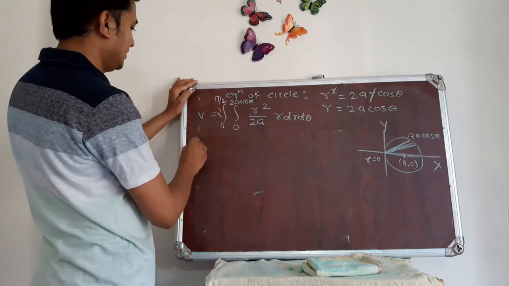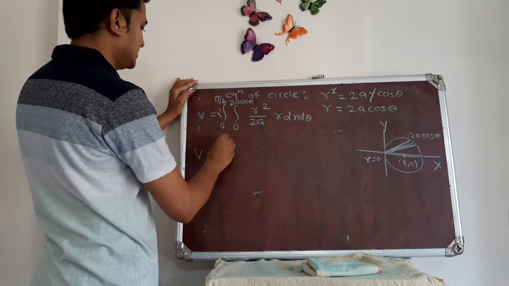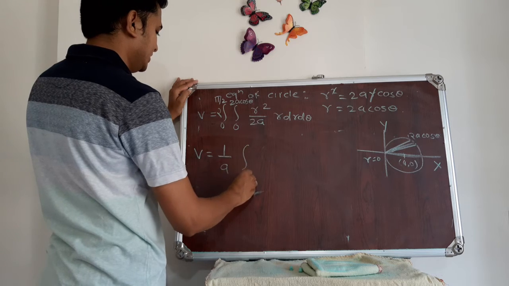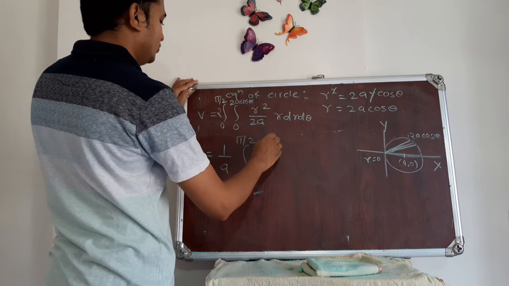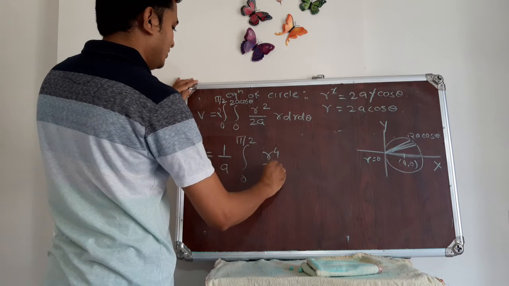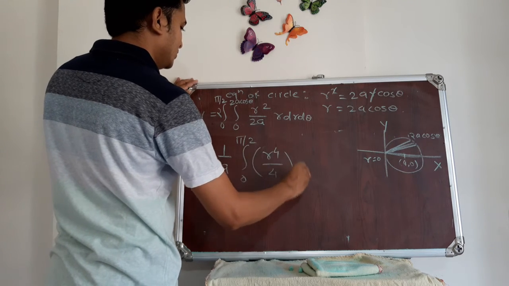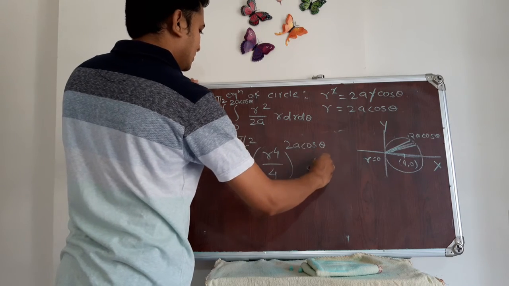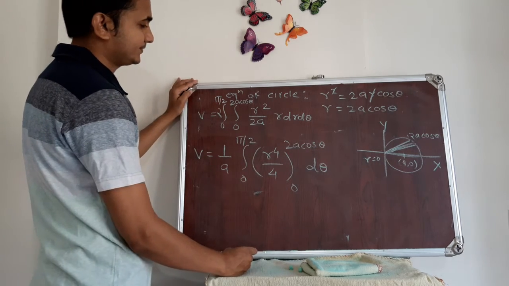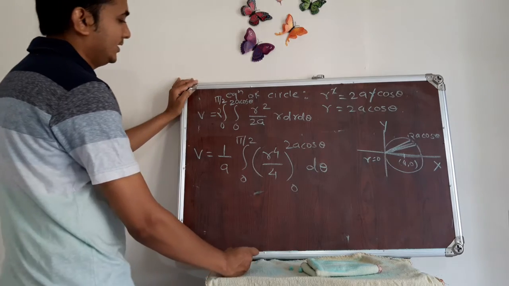So this 2a out, the 2 gets cancelled, 1/a integral 0 to π/2, the integration of r³ is r⁴/4 with limits 0 to 2a cos θ, dθ.